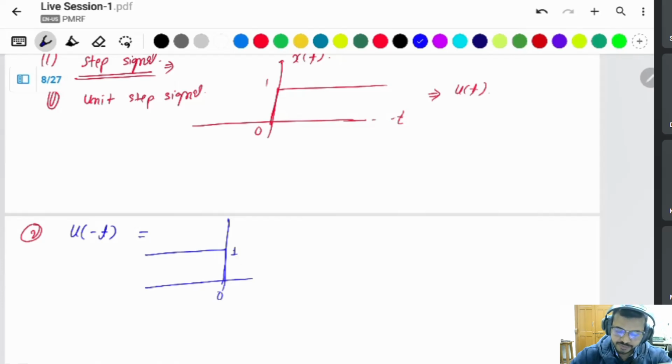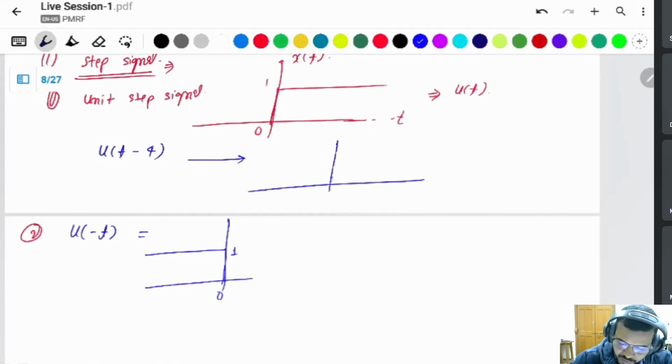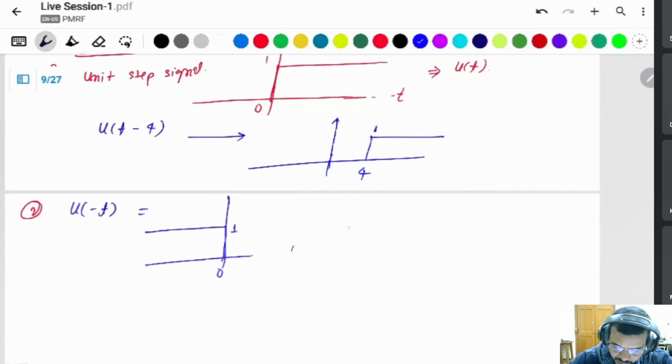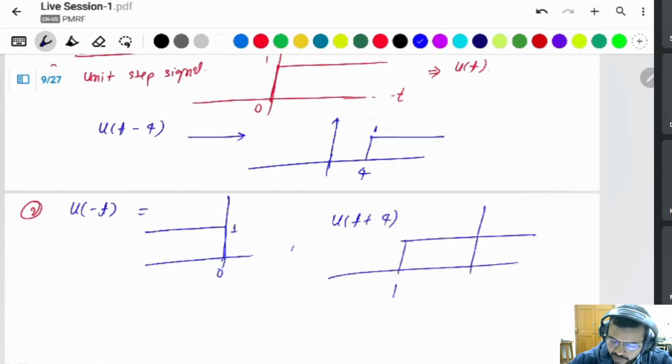Same thing, if you apply a shift, u(t-4), then this will be shifted to 4, starting from 4. And if you advance the signal, then it will start from negative 4.